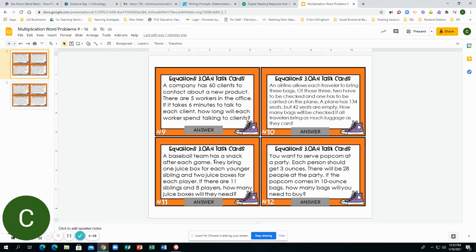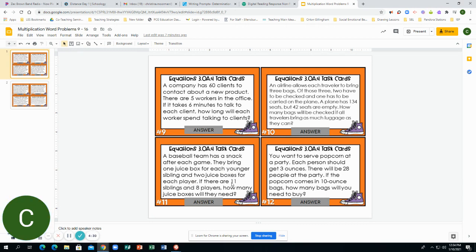Number 11. A baseball team has a snack after each game. They bring 1 juice box for each younger sibling and 2 juice boxes for each player. If there are 11 siblings and 8 players, how many juice boxes will they need? So they bring 1 juice box for each younger sibling, and there's 11 siblings.